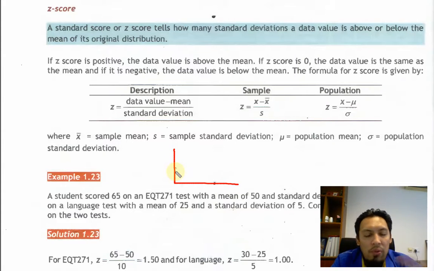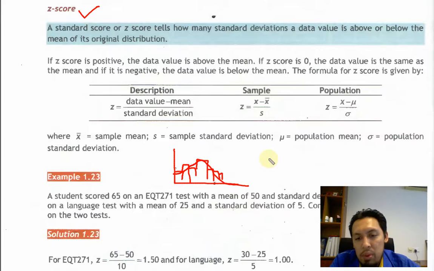If you are drawing a histogram, the shape should be somewhat normal, like this. Even though it is not perfect, you should see a sort of normal shape. So then you can use z-score.